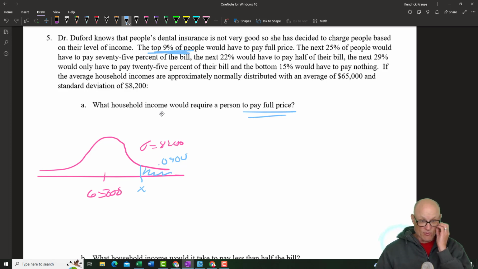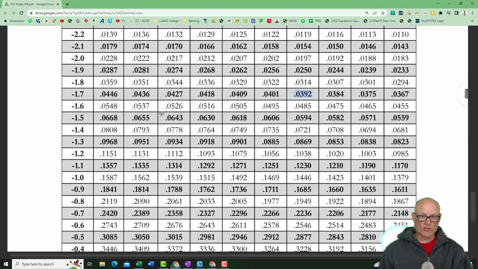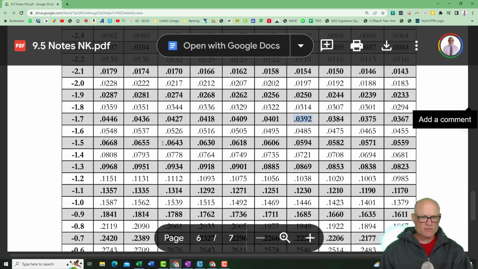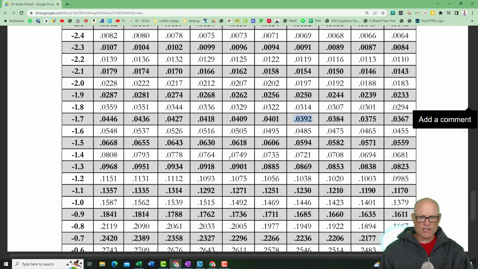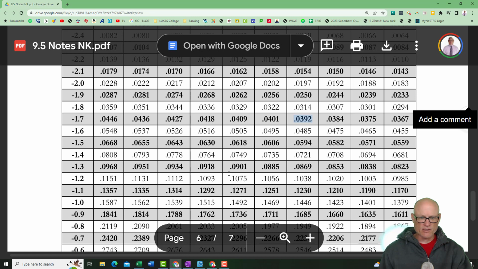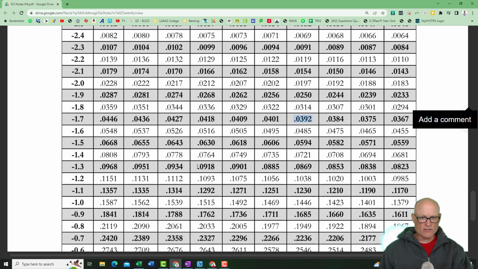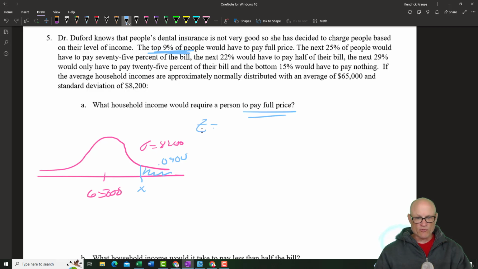All right, so I gave you 9%, so you got to go play Where's Waldo, 0.09. Where the heck is 0.09? Here it is, 0.0901. So that's 1.34. So my z equals 1.34. Now it's positive because I'm on the top end.